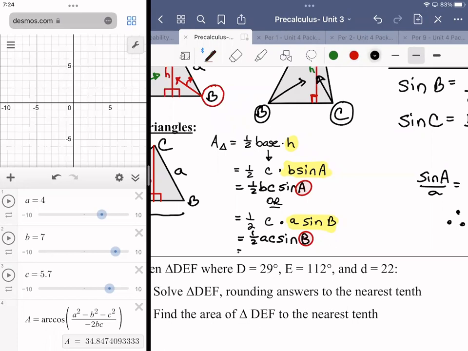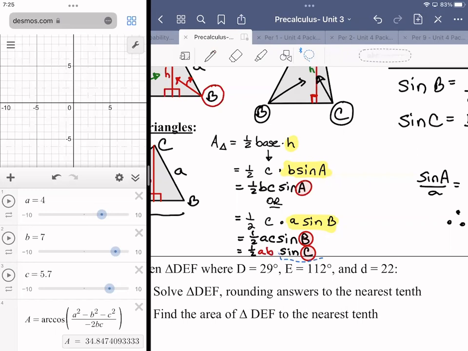We could say 1/2 something something sine of C. But if you think about the sides that are used in the formula, we have angle A, whatever sides are corresponding with the other angles are the ones that are used. We have angle B, the sides that are corresponding with the other angles are the ones that are used. So we ignore side B and we use only sides A and C. So in this case, we would ignore side C and use only A and B.